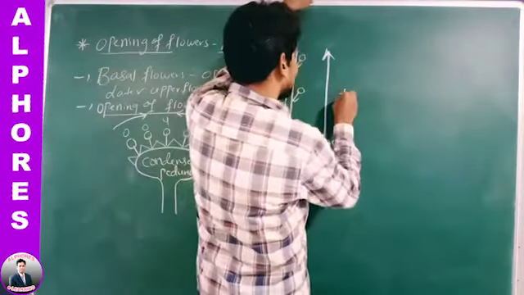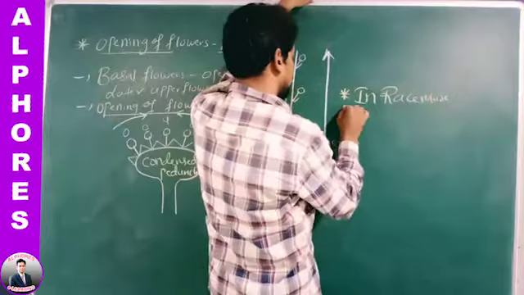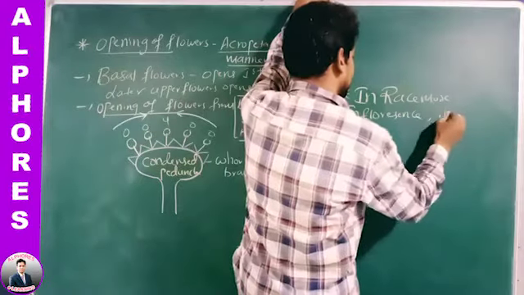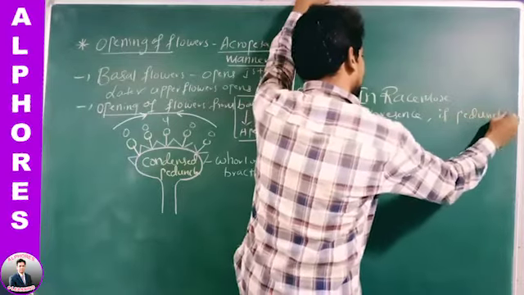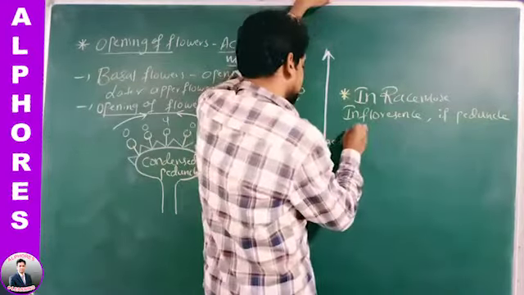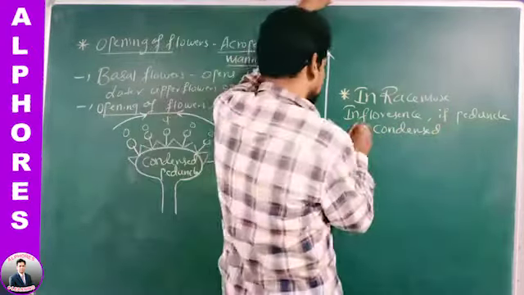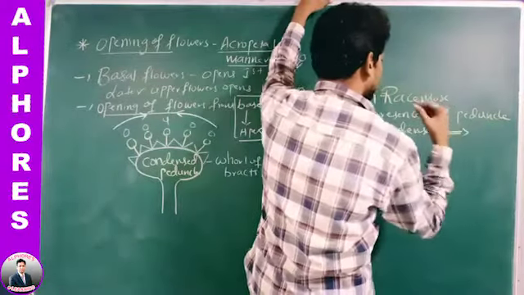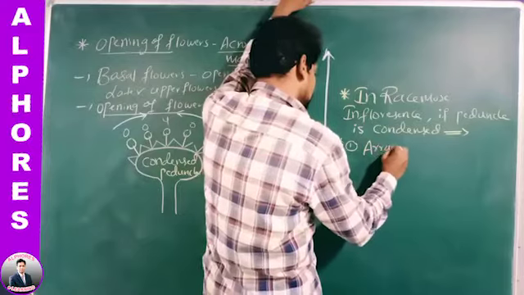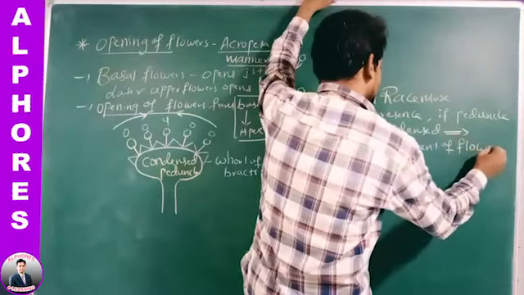Okay, right? Therefore, in racemose inflorescence, if peduncle is condensed, what happens? Number one, arrangement of flowers.